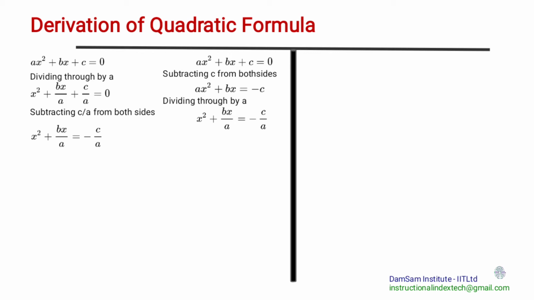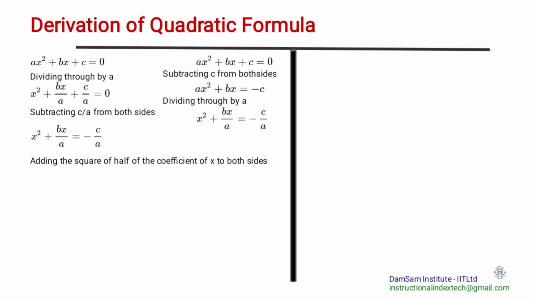When we get to this point, the next thing we need to do is make the left hand side a perfect square, a perfect expression. And how do we do that? We add the square of half of the coefficient of x to both sides.